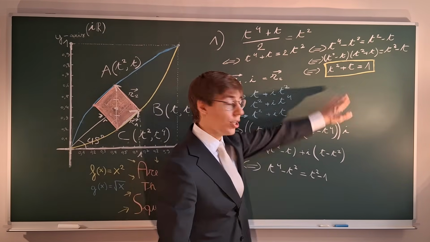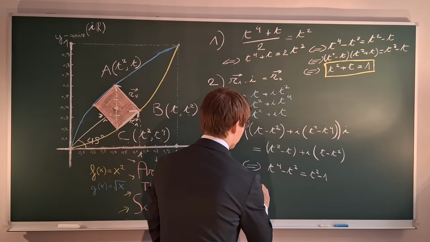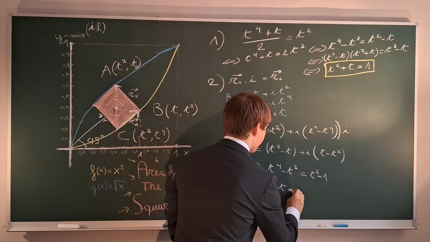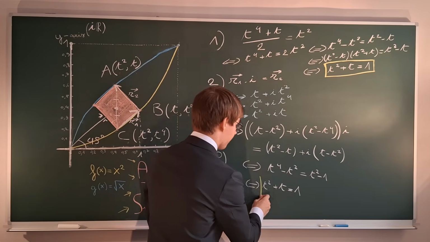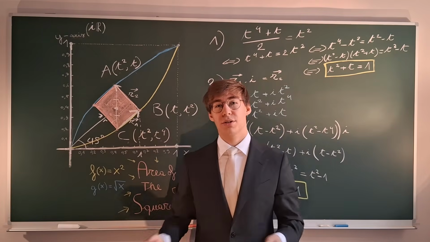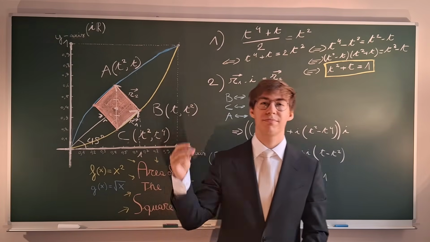And then by the same trick, we get that t squared plus t must be equal to 1. So let me now clear the board and solve for the area that we want.